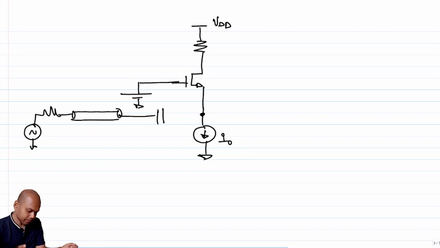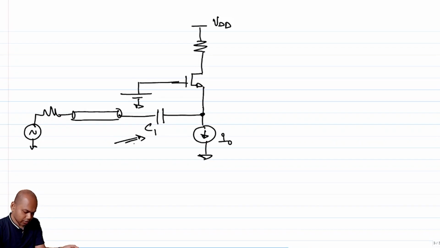We can put a capacitor, a coupling capacitor, right? We can put a coupling capacitor here, or you might want to say a DC blocking capacitor. Let me just call this C1.